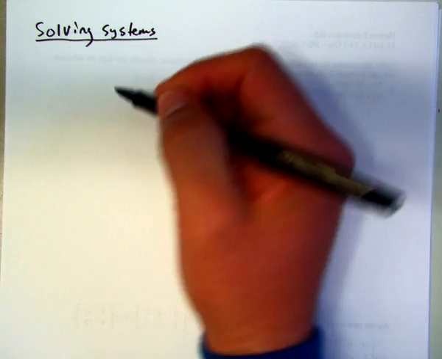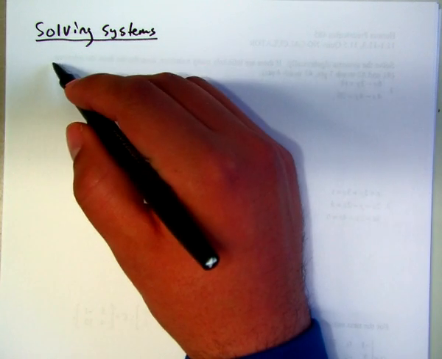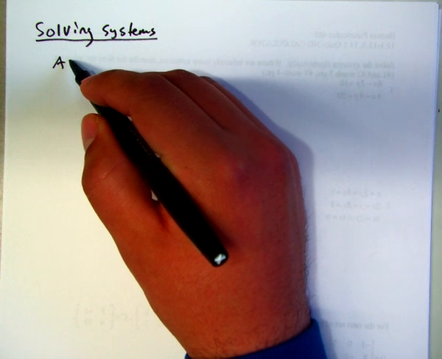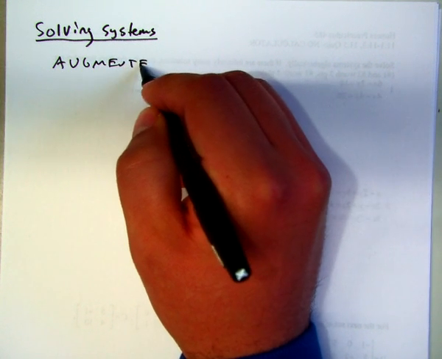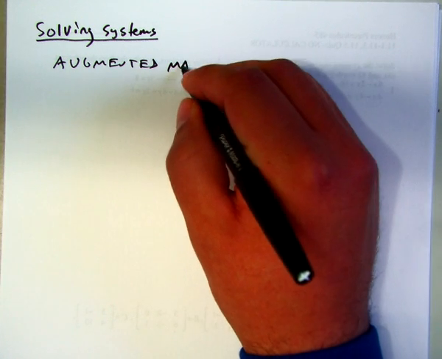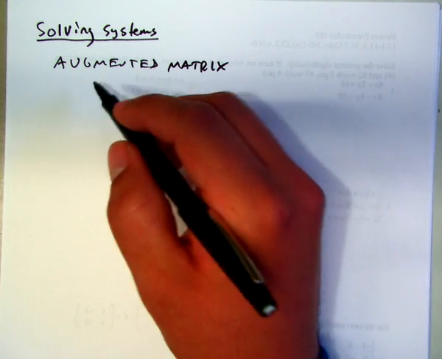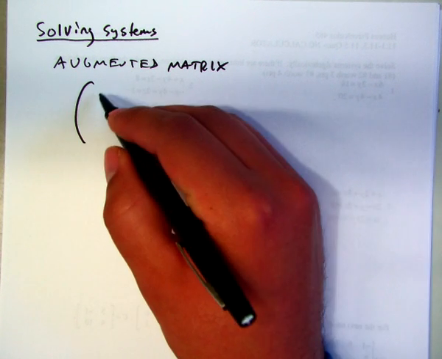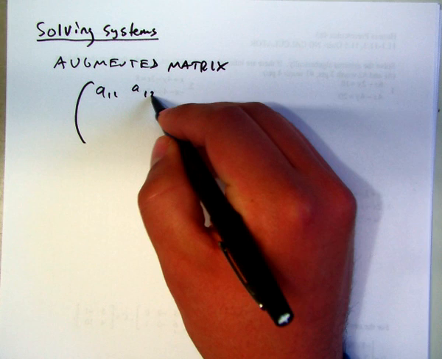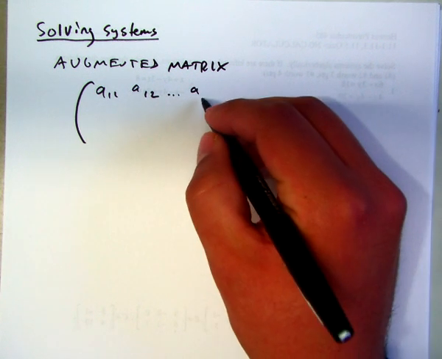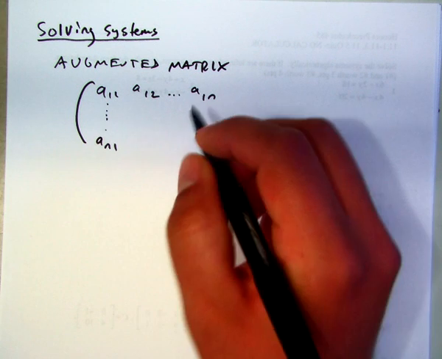One that includes using the inverse. We're going to focus primarily on the method or methods using augmented matrices. So here's what an augmented matrix looks like. You have your n by n matrix with n rows and n columns.